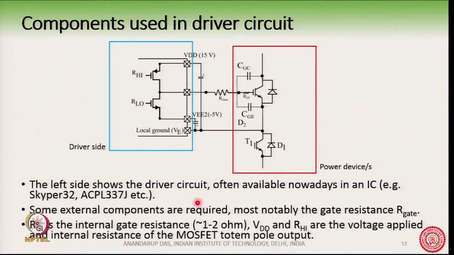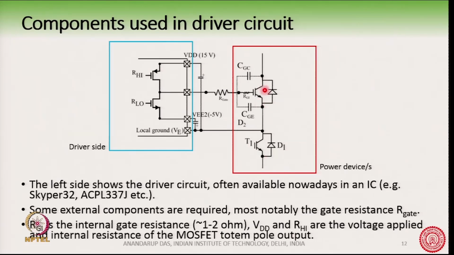So, what is there inside this IC? Basically these ICs have a totem pole MOSFET or BJTs along with several protection features. We will talk about those protection features. Here I have tried to show the two sides: this is the driver side and this is the power side. This is the half bridge IGBT.